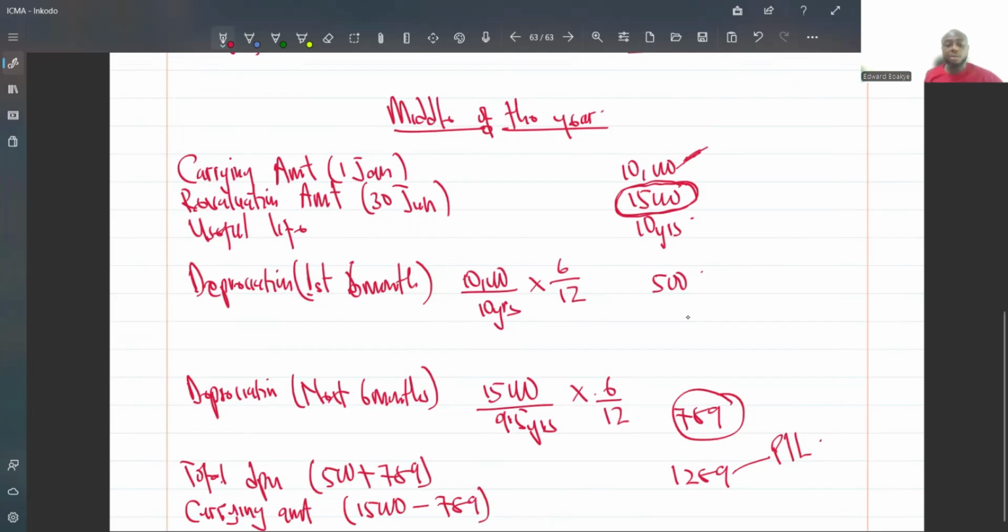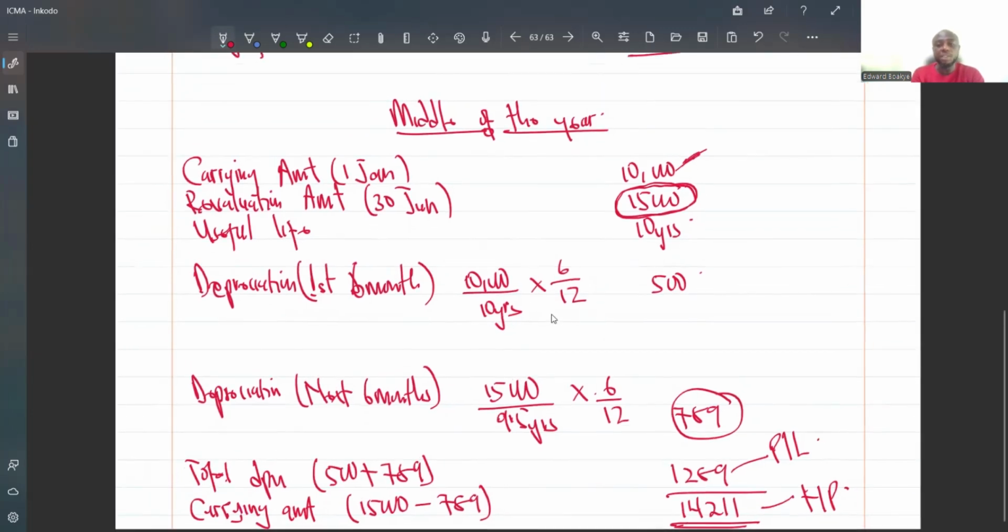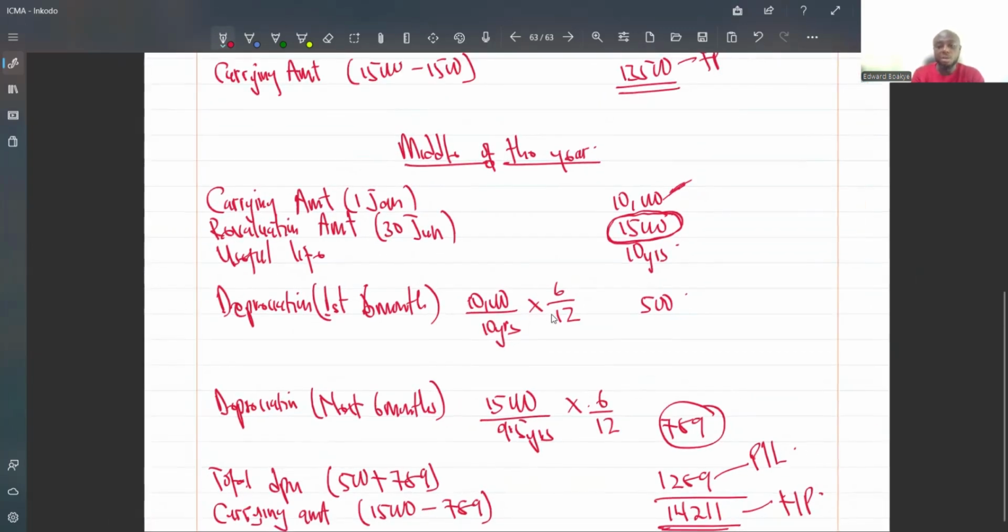So 15,000 less 789 is going to give us 14,211. And that is going to be our carrying amount, which will be recognized in our financial position. So this is depreciation, revaluation at the middle of the year.